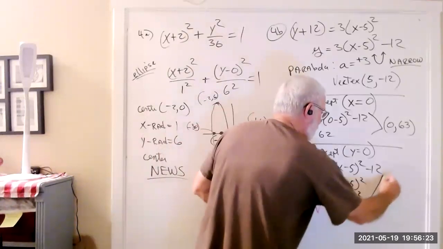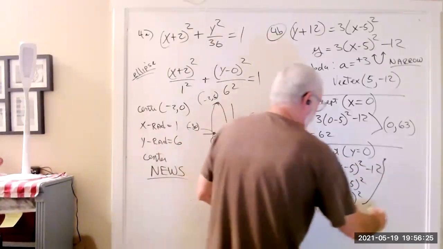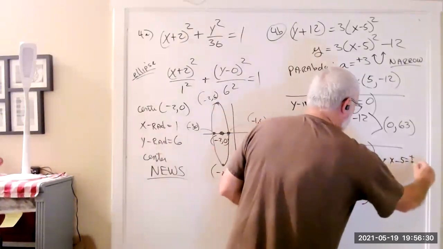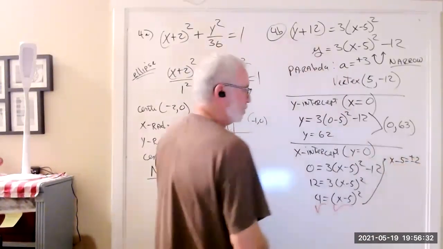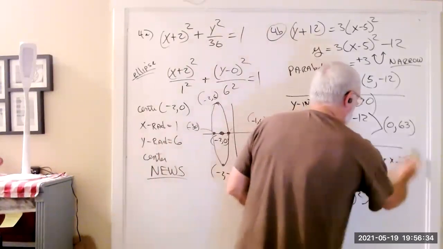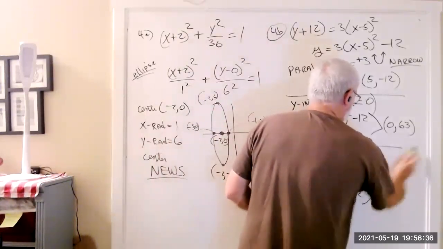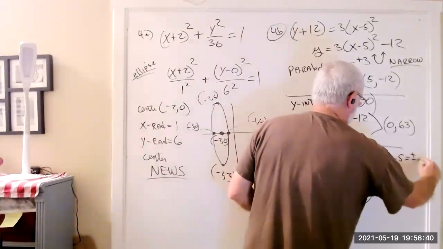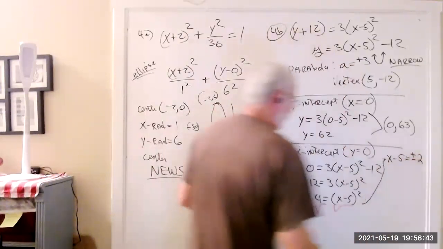Let me see if I can sneak it in here. I'm going to have X minus 5 equals plus or minus 2. It's too small, let's write it again. X minus 5 equals plus or minus 2. A little bit better.